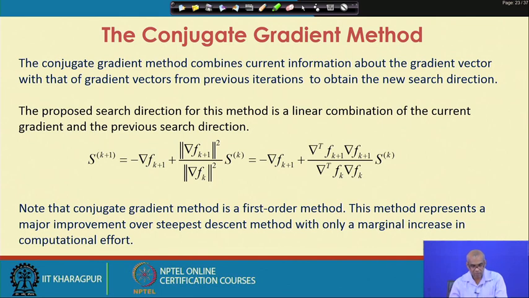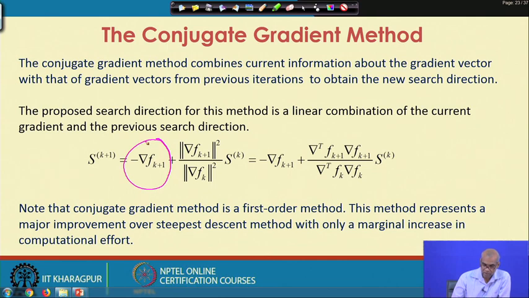So, basically the search direction at the current step is a combination of the current gradient and the previous search direction.